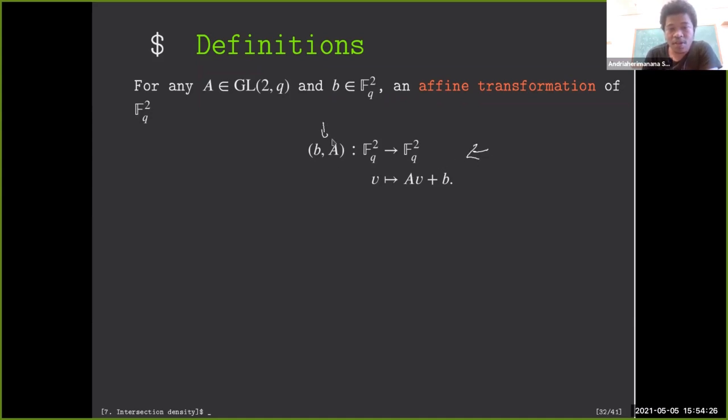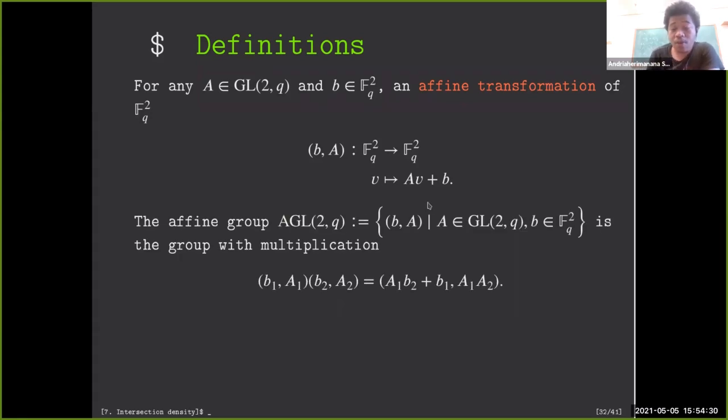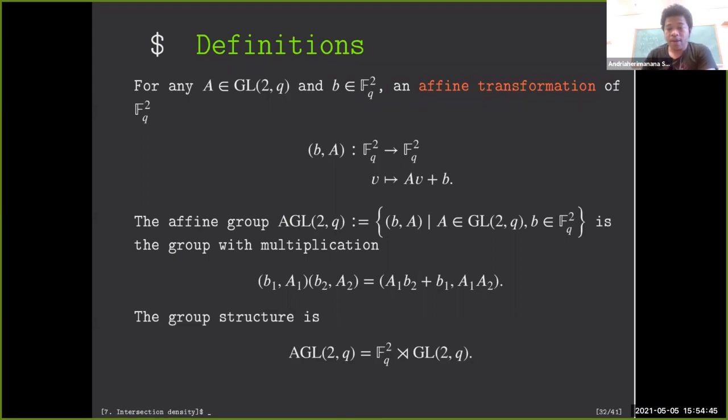The group AGL_2(q) is the set of all of these affine transformations, and it naturally has a multiplication which comes from the composition of two affine transformations. The group structure is as follows: it is the semi-direct product of F_q squared and GL_2(q).